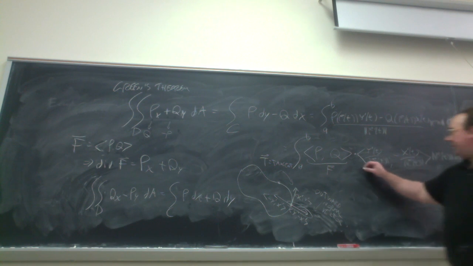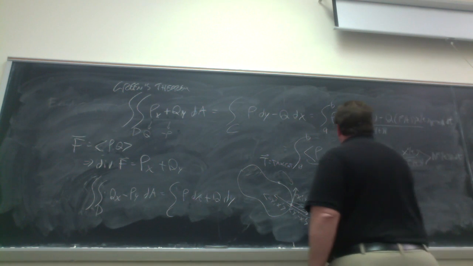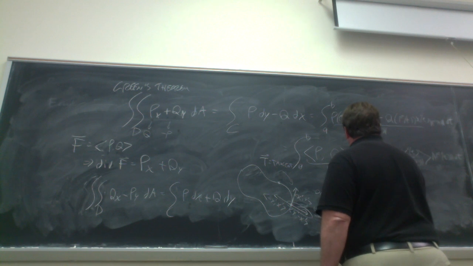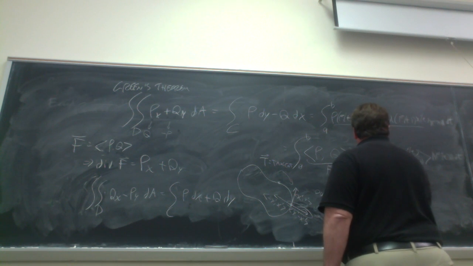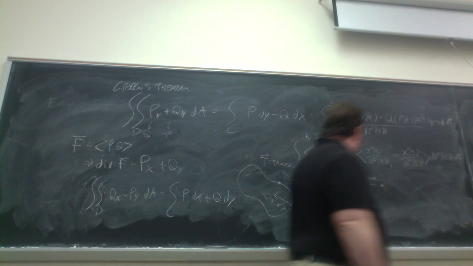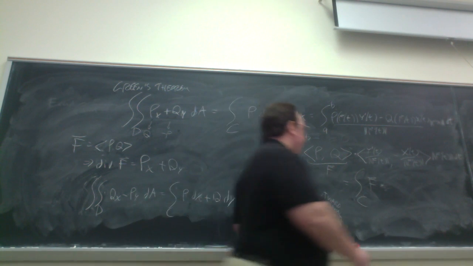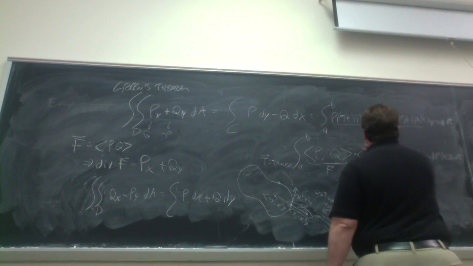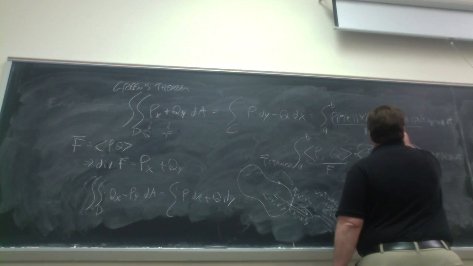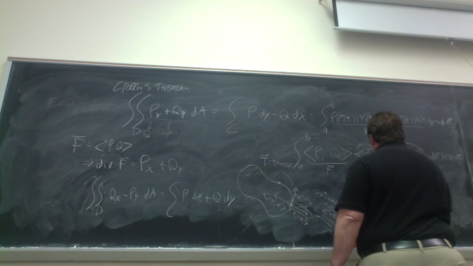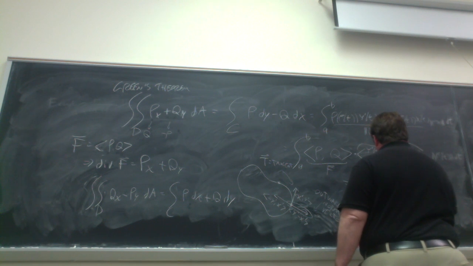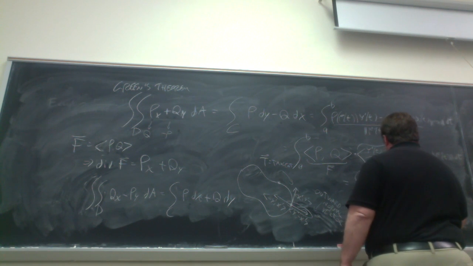Here, I can write this as the integral over a curve C of F, dot product with this. This is that same normal vector, except for one thing. It's normalized. So that would be n. So this right here, I'm labeling as n. This is the outward unit normal vector.